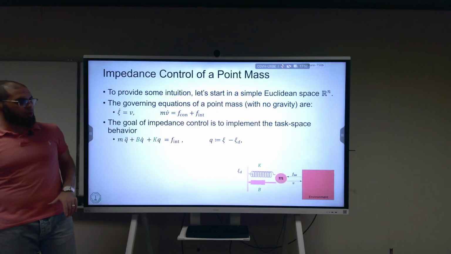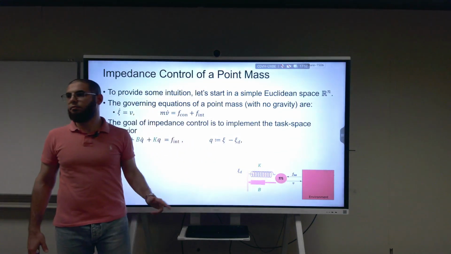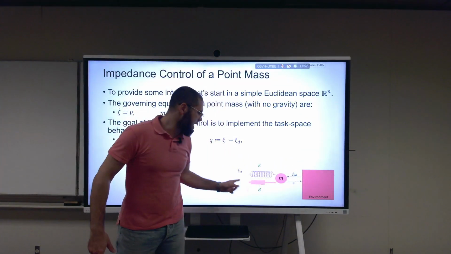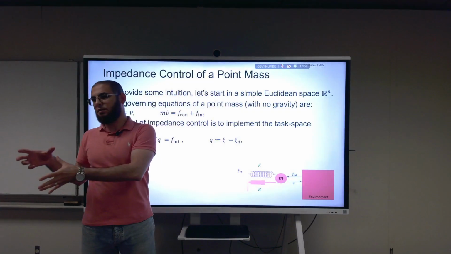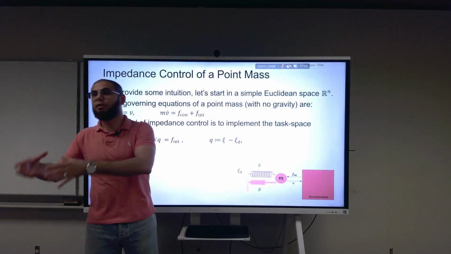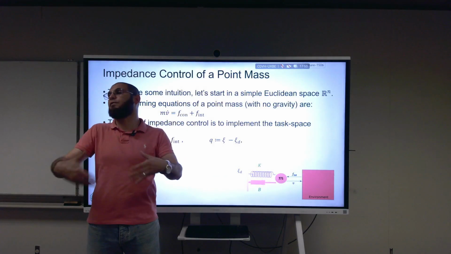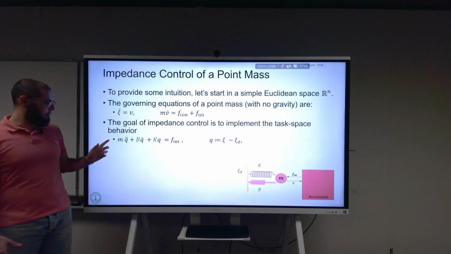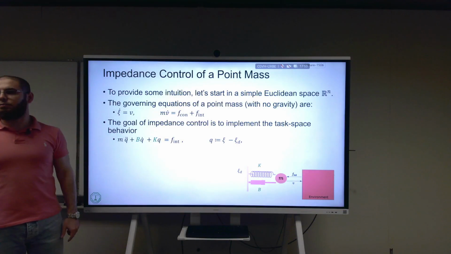So for the impedance controller, we want the environment to see our whole system, and by whole system I mean the physical point mass but also the controller, which will act as some virtual physical system, to behave as if it's a mass spring damper system.